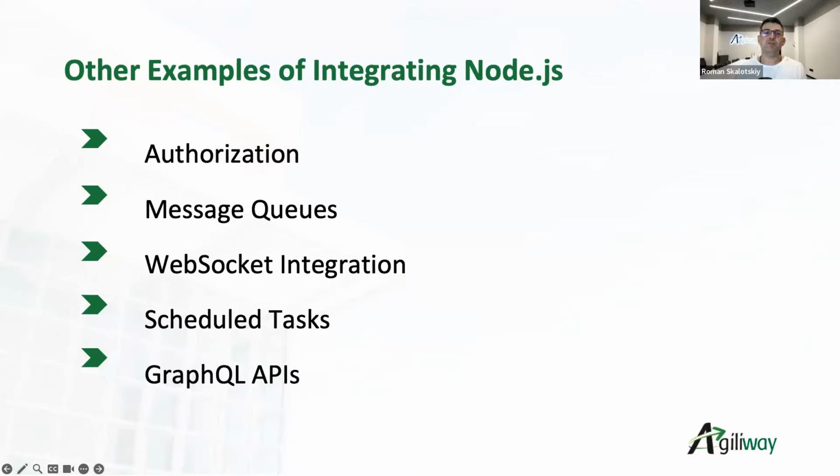Next one is WebSocket integration. For real-time communication between your application and an external system, a WebSocket library like Socket.io can be used. I guess Socket.io is the most popular for it. This is useful for chat applications, live updates, and so on.